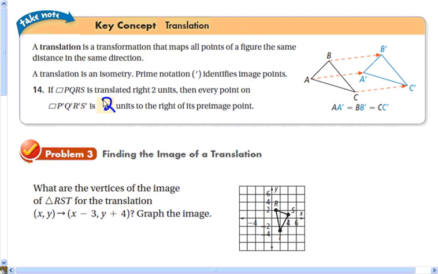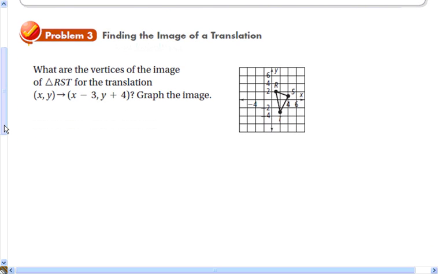So, we can use coordinate notation to help us know what that translation is. Here it says that our original points x, y, that's our pre-image, and our image is going to be such that the coordinate x is 3 less and the coordinate y is 4 more. So we can use that information to translate our image.